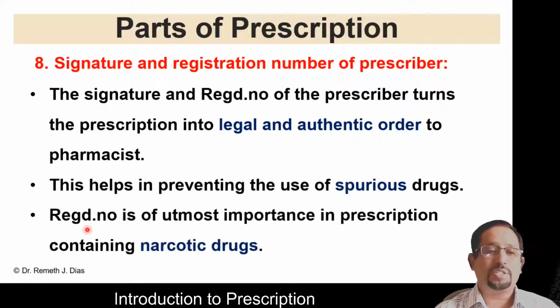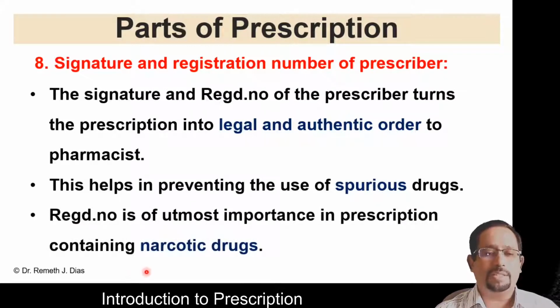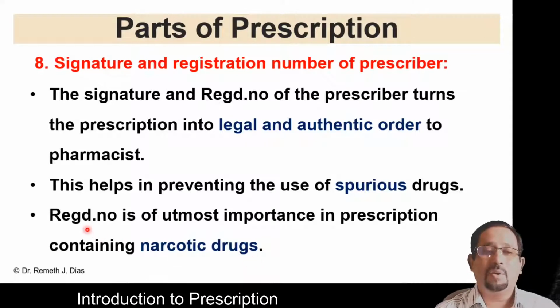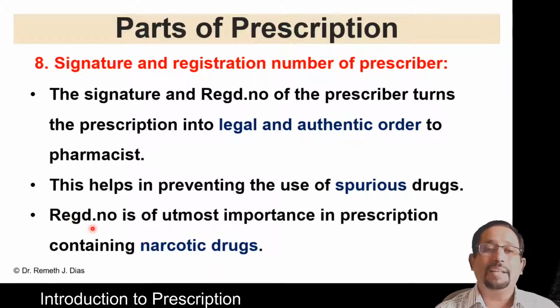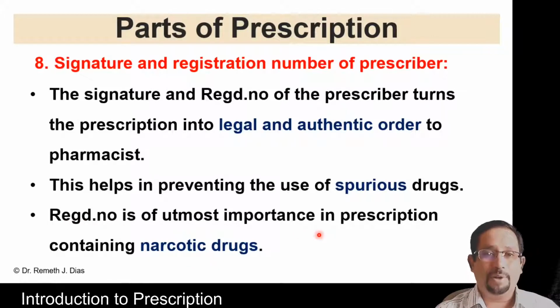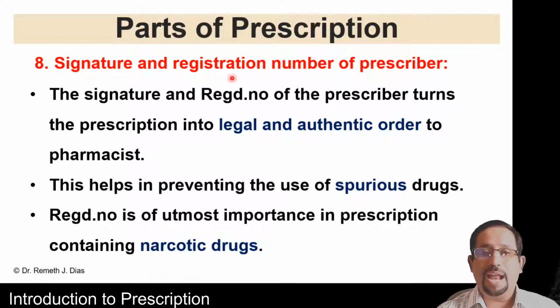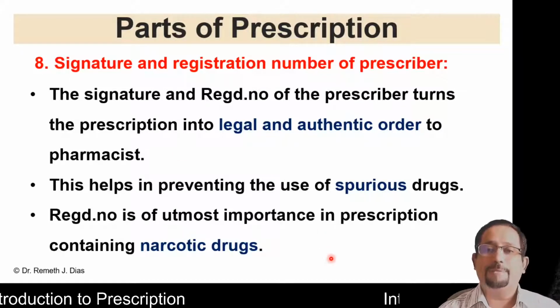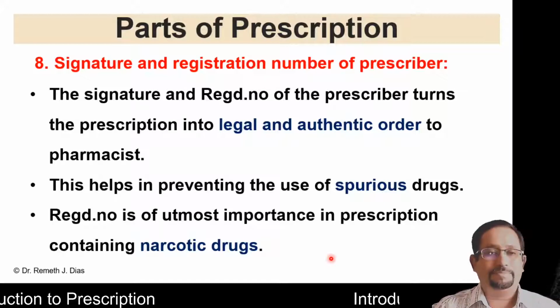And registration number is very important in case of narcotic drugs, because these type of drugs can only be prescribed by a registered medical practitioner. Therefore, signature and registration number should be seen by a pharmacist before dispensing of the drug.